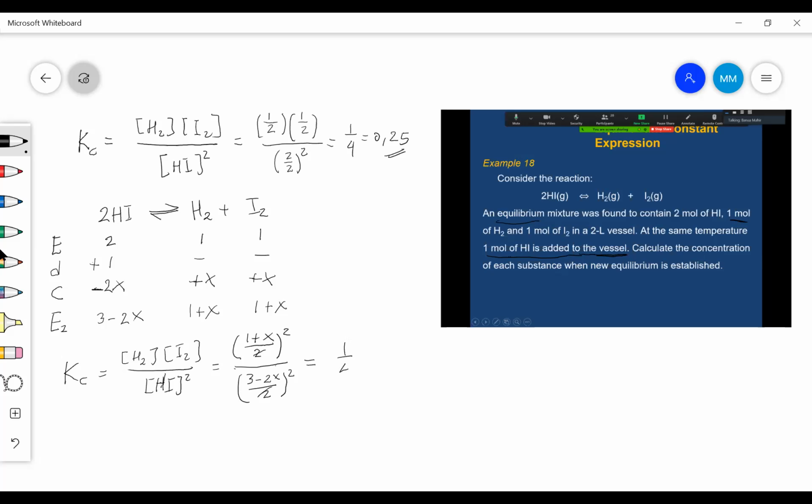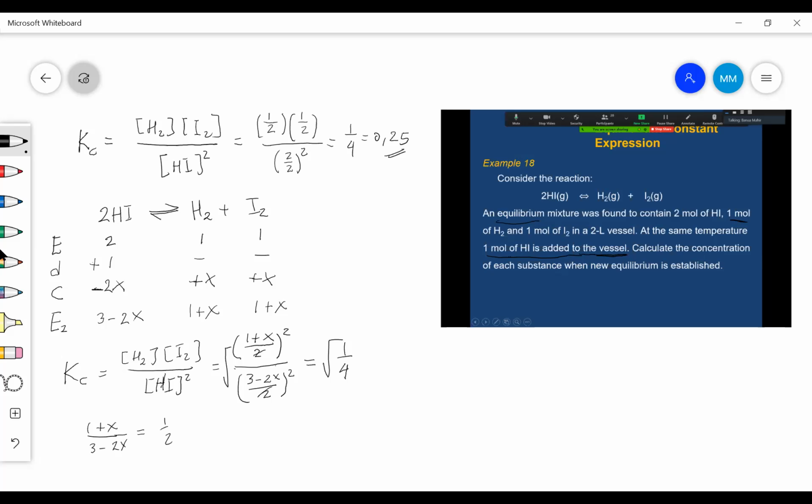As you can see, Kc is not changing. Don't forget, when we are talking about concentration, Kc is not changing. So now we have a very beautiful calculation here. If I take the square root of both sides, I get 1 plus x over 3 minus 2x is equal to half.